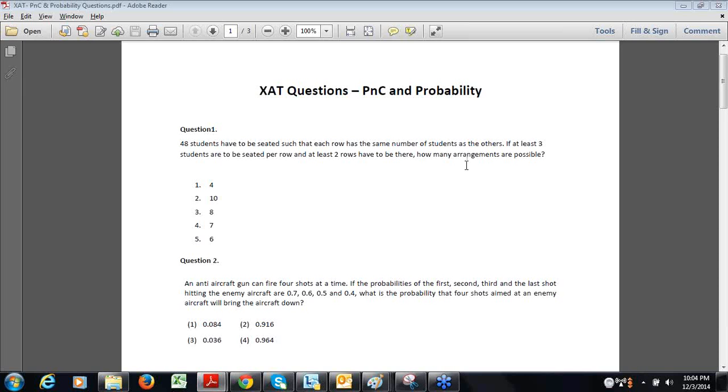We'll use the same format for people who are new. You must have received the question sheet. If you have not received it, you can copy it from the screen. You can take a screenshot of it, and I'll also try to copy and paste some of the questions in the chat window to help you in solving these questions.